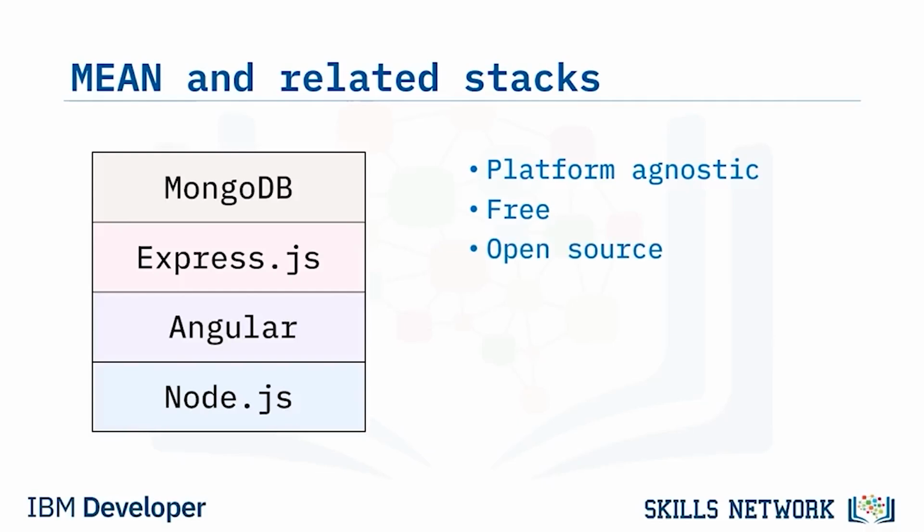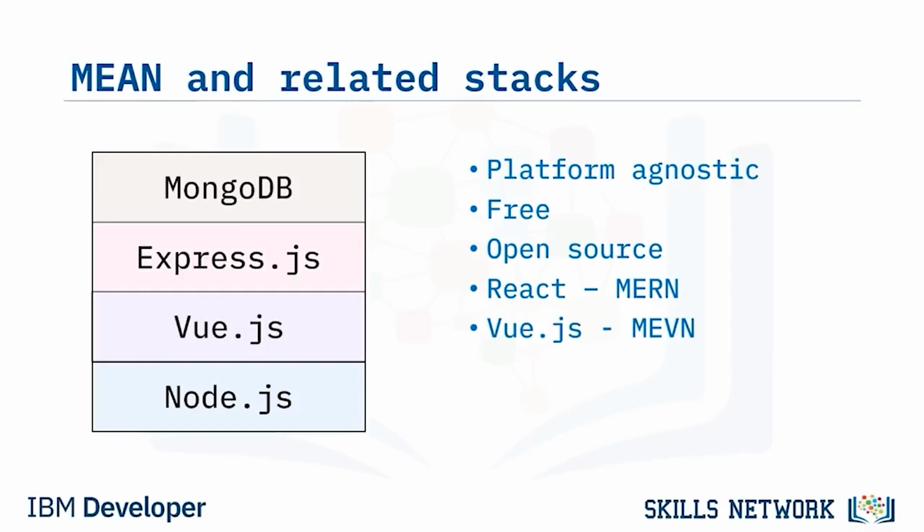And there are other stacks related to the MEAN stack, including the MERN stack, which replaces Angular with React and is a flexible and high-performing framework for developing front ends, and the MEVN stack, which replaces Angular with Vue.js. Vue is a lighter-weight JavaScript framework with less capabilities, but it can provide better performance than Angular.